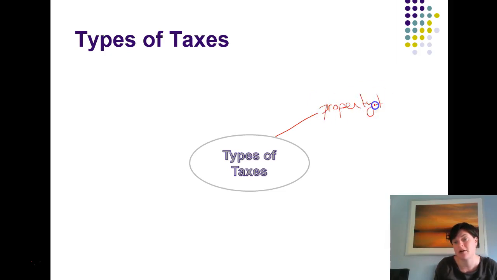And if your parents own a home, then they would be paying property taxes a couple times a year, or it would be paid through their mortgage. So go and ask or figure out all the different types of taxes that you know about. All right, once you've got that done, we're going to move on. I'm going to check tomorrow too to make sure that you've got all your different types of taxes listed there.